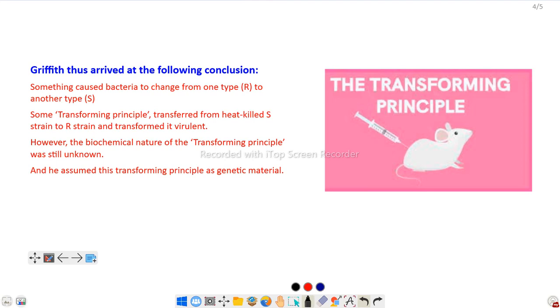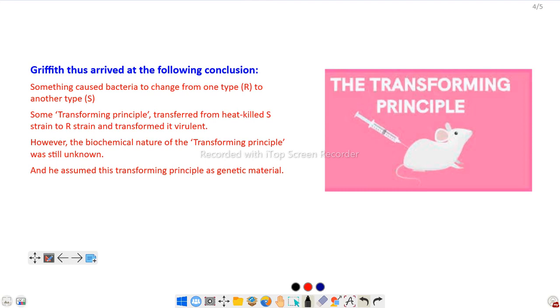So he concluded that something is transferred from the heat killed smooth strain to the rough strain, for which the rough strain behaves as virulent, and he named that the transforming principle.